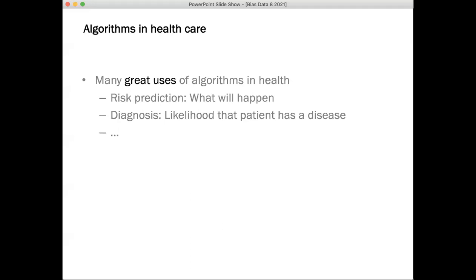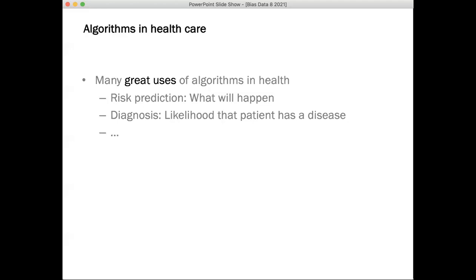And algorithms have a ton of potential for helping us make better decisions and avoid mistakes that are very, very costly in health. Mistakes around risk prediction, trying to figure out, okay, this is a patient in front of me. I observe this data about them. What is going to happen to this patient? What do I need to do about that now?